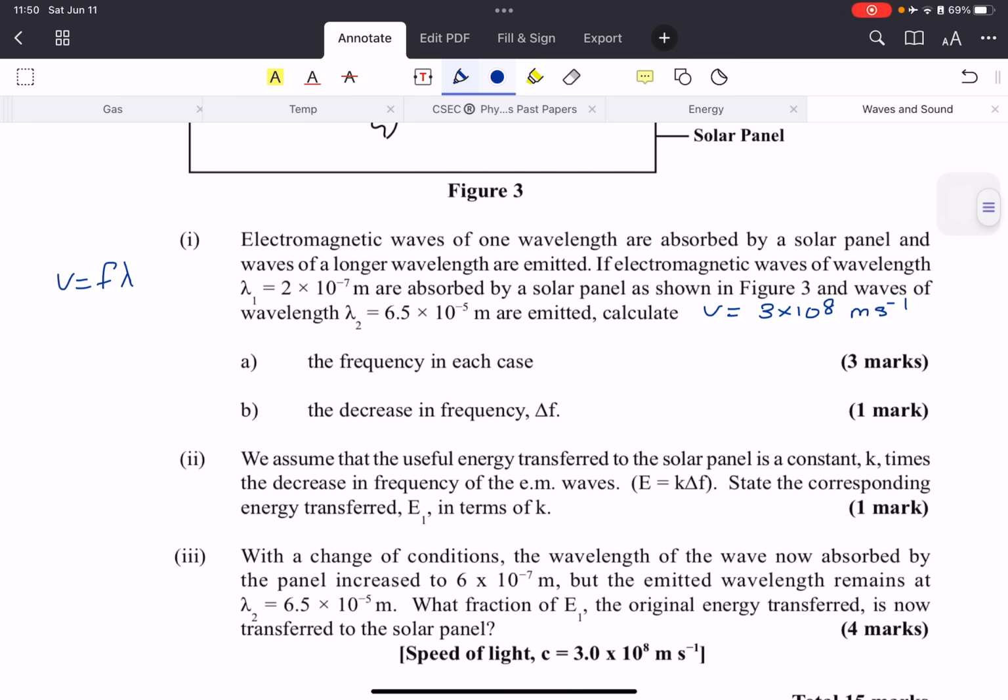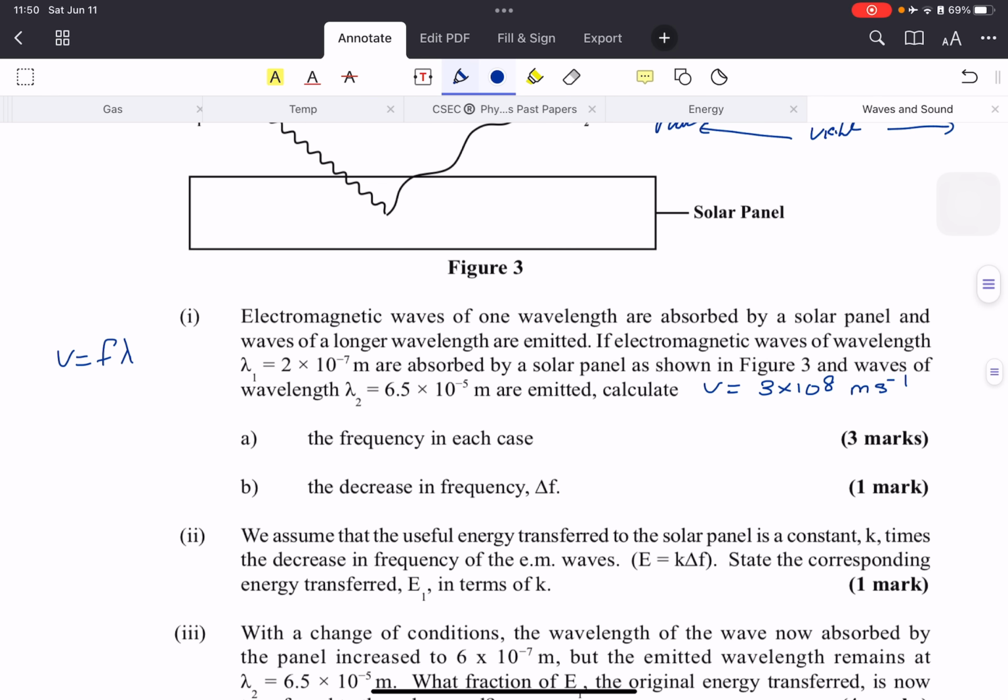Okay, so we have all the information here, and we have our formula, v is equal to f lambda. So they want us to calculate the frequency. Therefore, we need to make frequency the subject of the formula. It's very simple. We just need to move this lambda over to the other side. So frequency would be v over lambda.